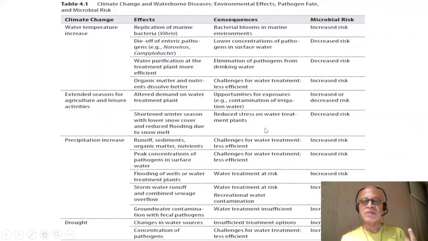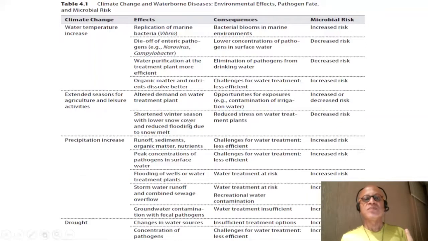Reduced stress on water treatment plants, water treatment at risk, and under drought. I won't read all of these, you can go through them. Drought, for example, can reduce the treatment options, and water treatment becomes less efficient as well. And microbial risk may increase or decrease depending on which climate change impact you're looking at.